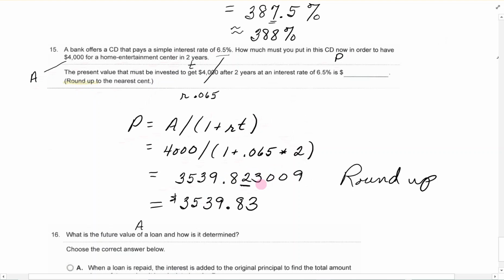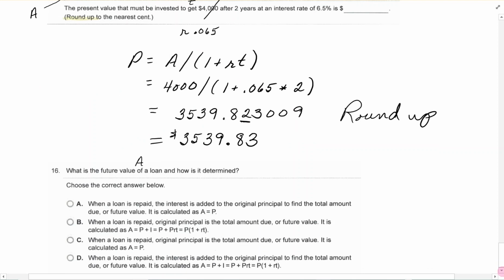I know that a 3 does not traditionally tell you to round up, but the instructions very clearly said round up. So this will round from 82 cents to 83 cents. Anytime you're looking for P, present value, you will round up per the instructions either to the nearest cent or round up to the nearest dollar, but you will round up.